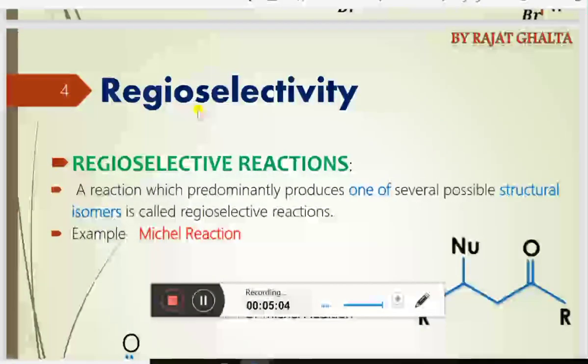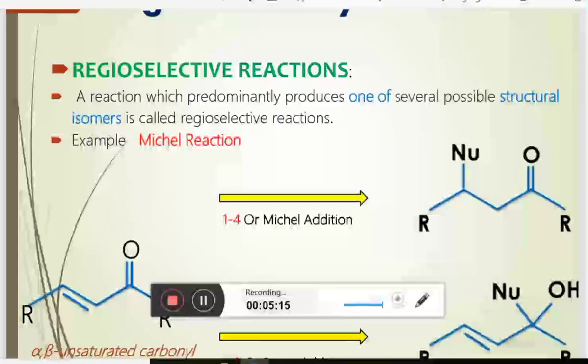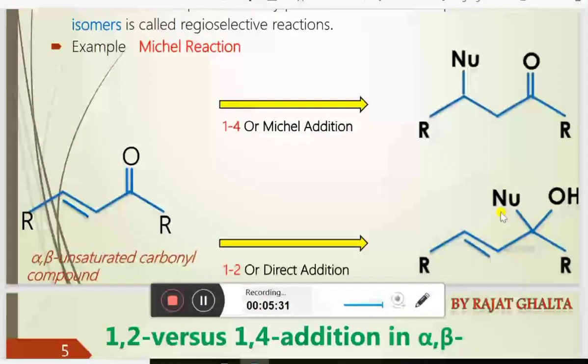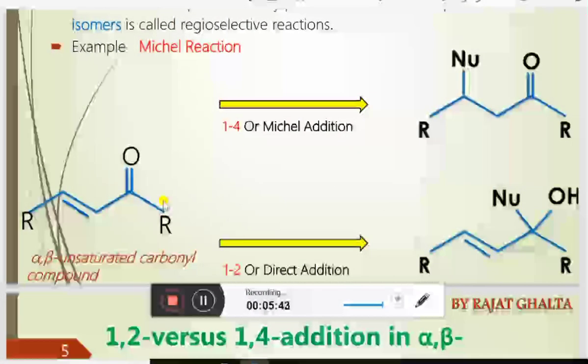Regioselectivity is coming from this term, which derives from the word region, regio. If we have a substrate where more than one site is available for the reaction, but the reaction taking place preferentially gives one of the constitutional isomers predominantly over the other, we say that the reaction is regioselective.